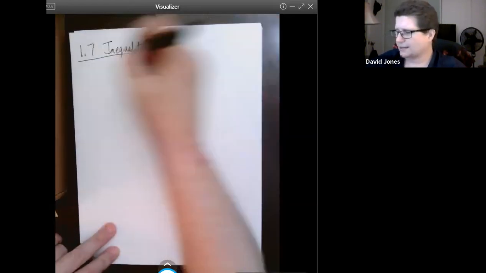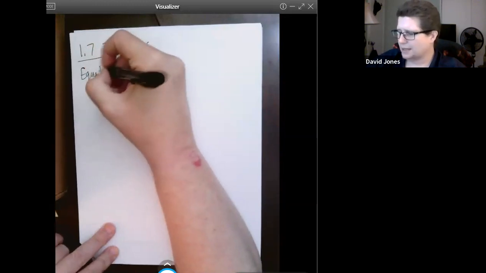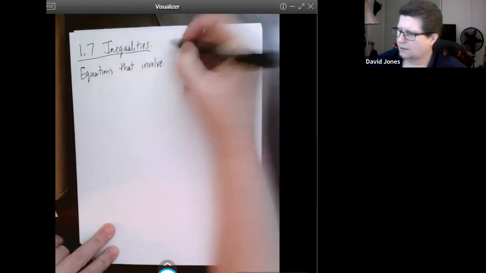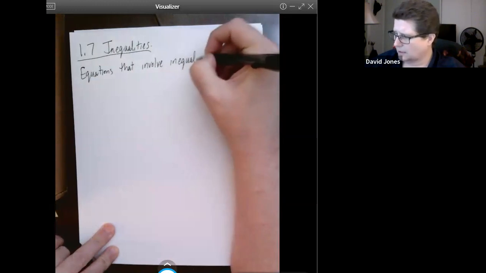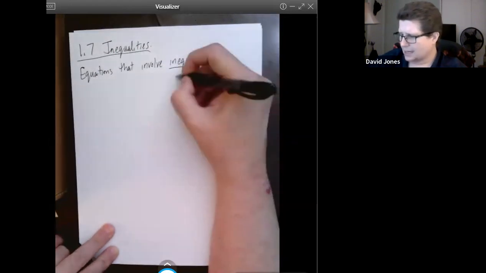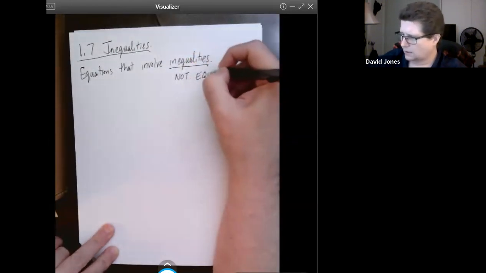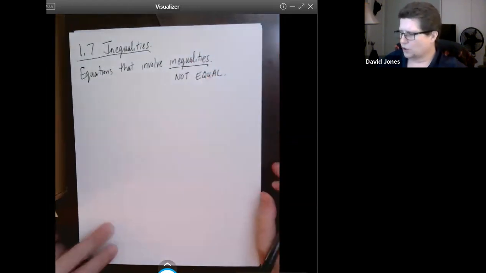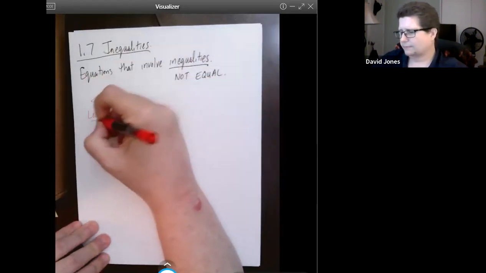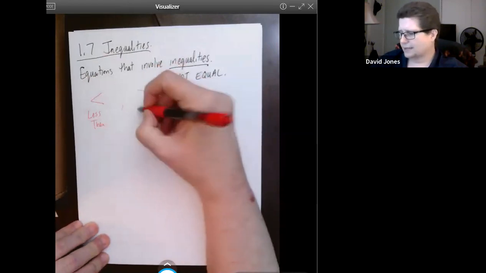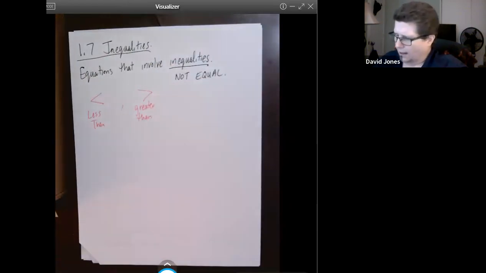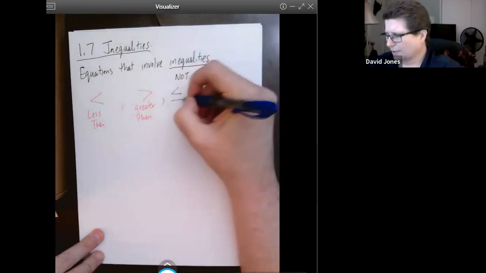And so as I was saying, these are equations that involve inequalities. An inequality means not equal. So the symbols that relate to that, we have the less than symbol, the greater than symbol, and we could look at less than or equal to.